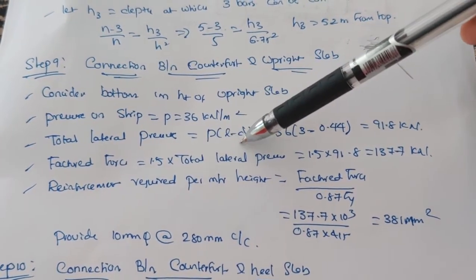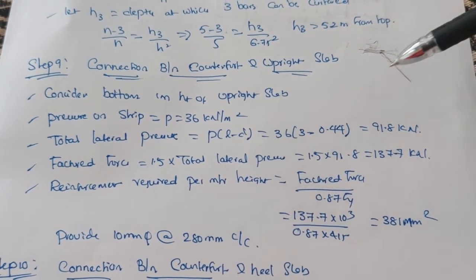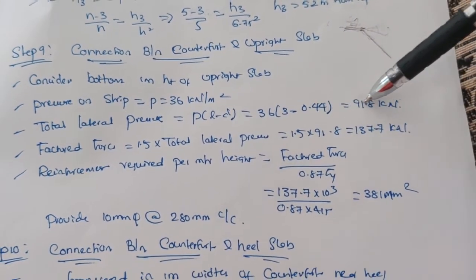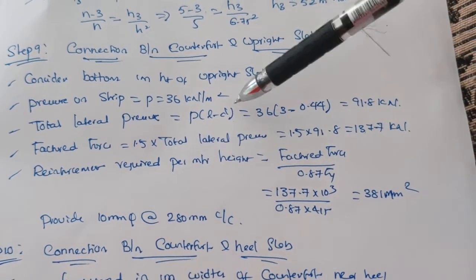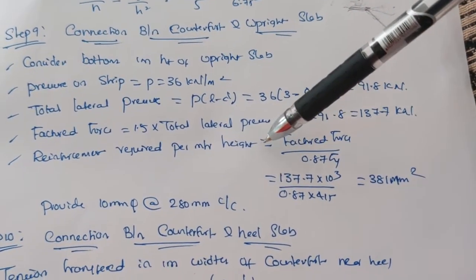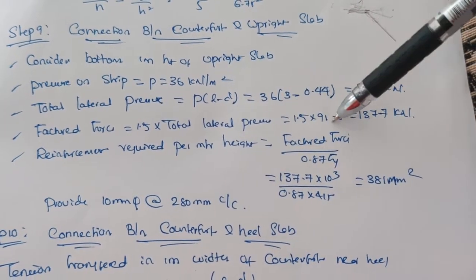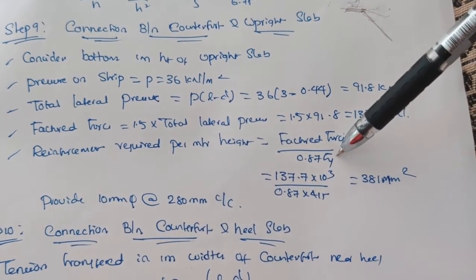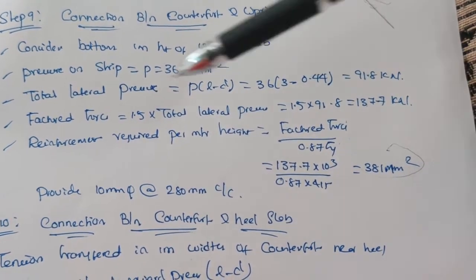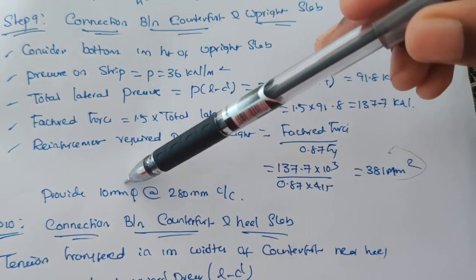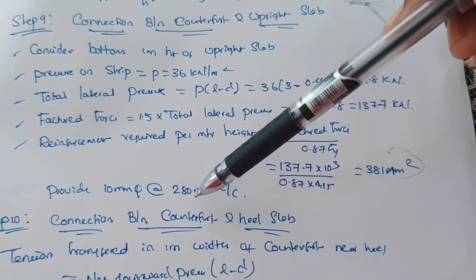So the total lateral pressure is equal to P into L minus T. You will find the factored force, 1.5 into the total lateral pressure. So the reinforcement required per meter height is equal to the factored force divided by 0.87 Fy. You will get the area of the steel reinforcement. Depending on the reinforcement, you provide the minimum diameter with the center to center spacing.